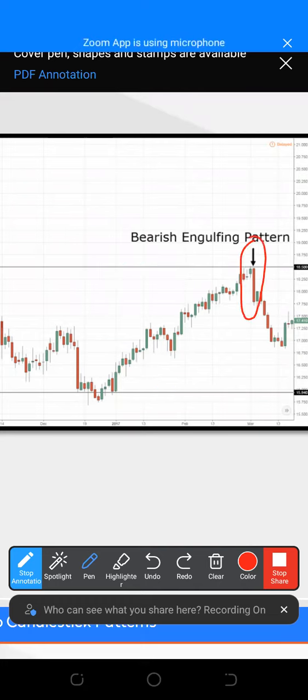Bearish engulfing pattern: you have a green candle followed by a longer red candle after an upward trend. So you spot this when you see upward movement and at the resistance. You spot a bearish pattern, then it is preparing to come down. Can you see?